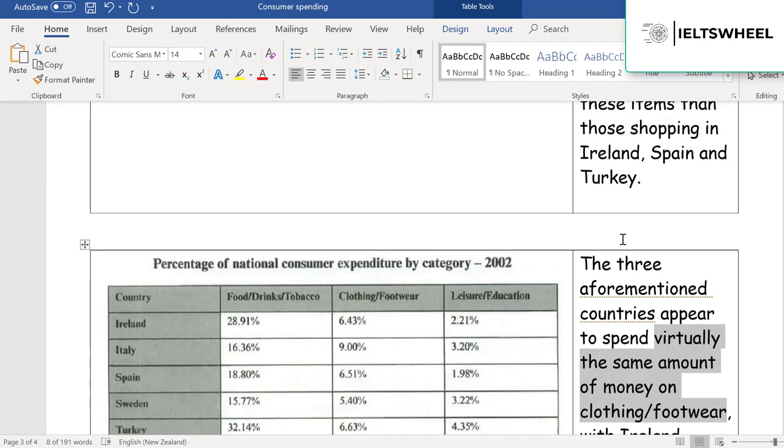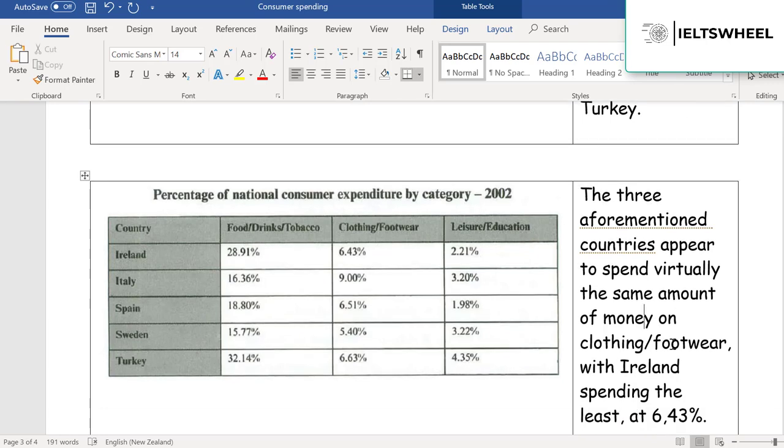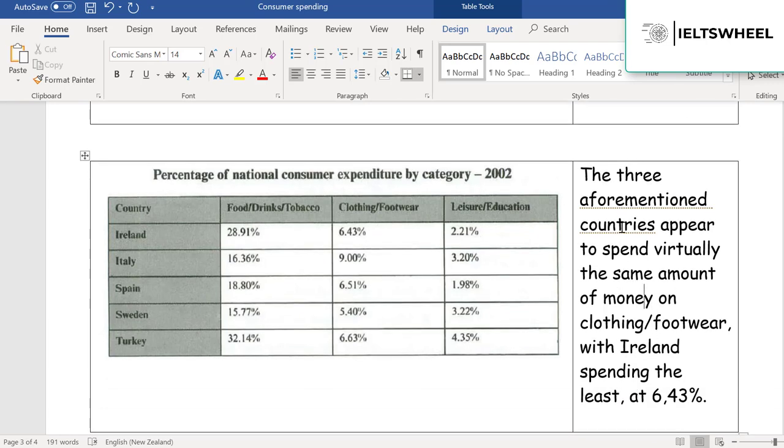Okay, now look at this. So here we have three countries, Ireland, okay, we have Ireland, and then we have Spain, okay, and then we have Turkey. And if you look at the figures, all of these figures are very, very similar. But here I'm also trying to focus on something really important. Okay, I just write that the three aforementioned countries appear to spend virtually the same amount of money on clothing and footwear.